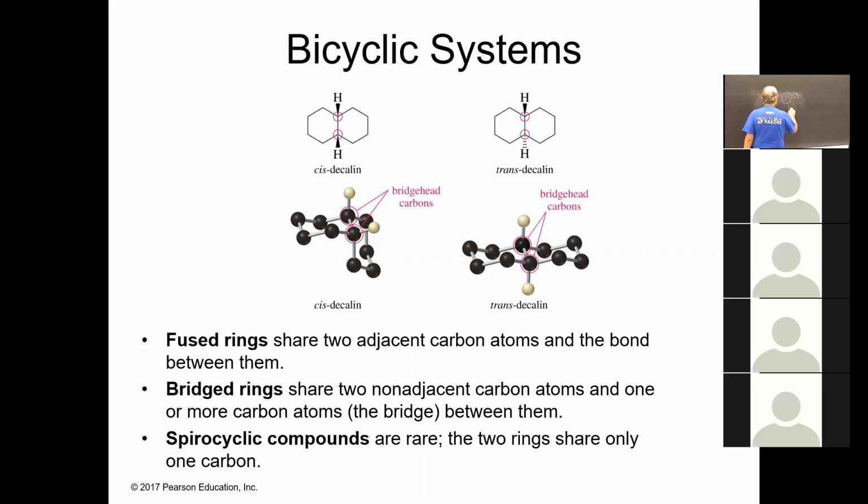So this would be named as spiro, bracket, and then we cross 1, 2, 3, 4, 5. And then if we go this way, we cross 2. So a spiro will just have 2 numbers, and this would be octane. 5 plus 2 plus the shared carbon would add up to 8.